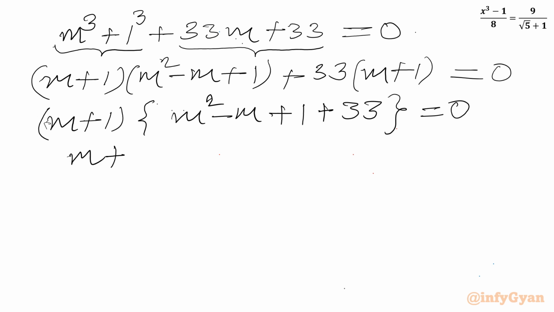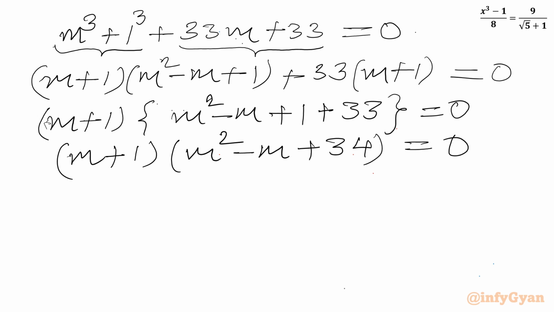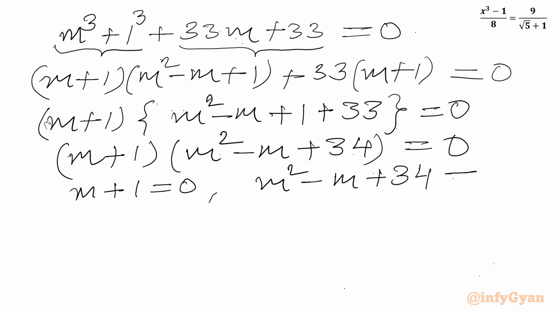Or we can write m plus 1 times m square minus m plus 34 equal to 0. Now we can conclude either m plus 1 will be equal to 0 or m square minus m plus 34 will be equal to 0.